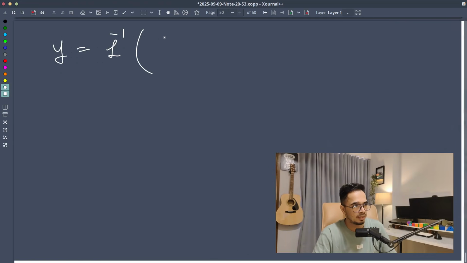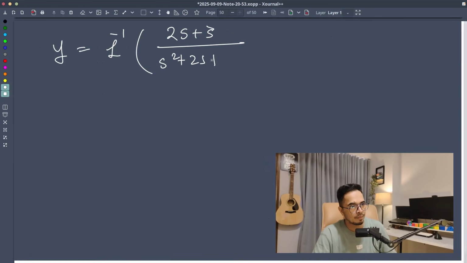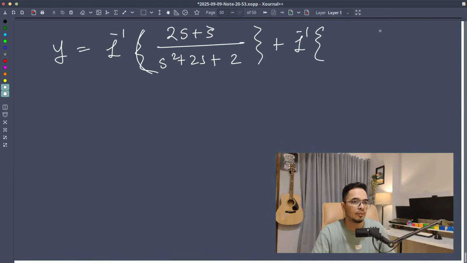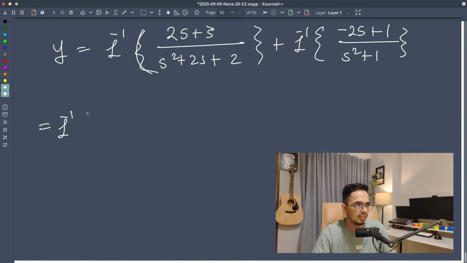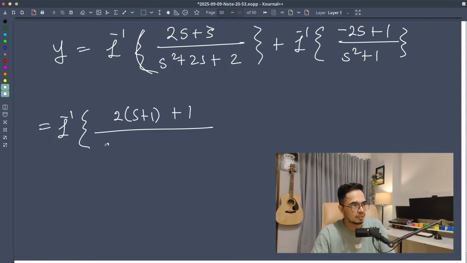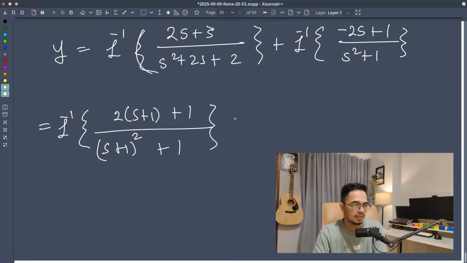So I take the inverse Laplace transform of both the terms. Right? And this is what I should get. I know when I look at the first term that s square plus 2s plus 2, I can simply convert it to s square plus 2s plus 1 and then take s plus 1 bracket square.